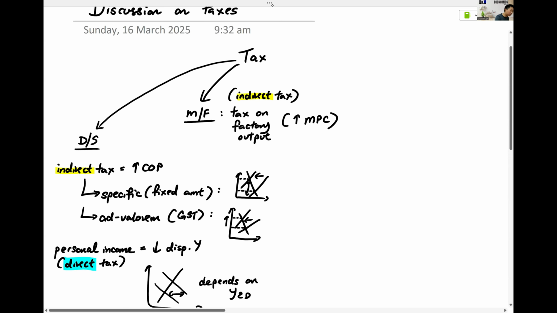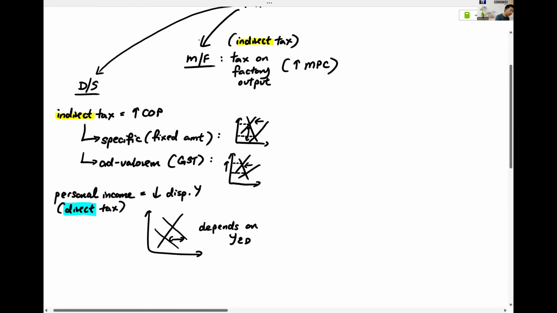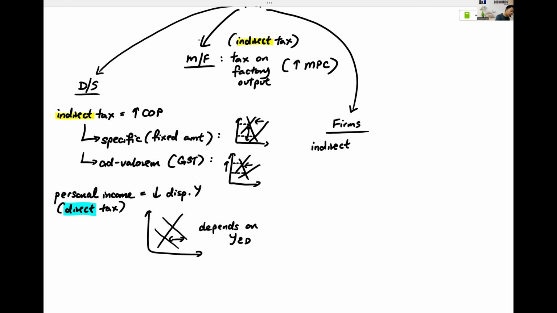So the next micro topic, firms. Under firms, we also talk about indirect tax. And here in this topic, we call it a per unit tax. Why is it important to call it a per unit tax? Because it will increase your variable costs.